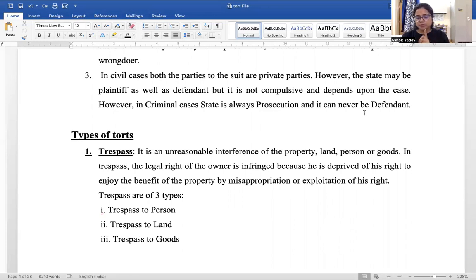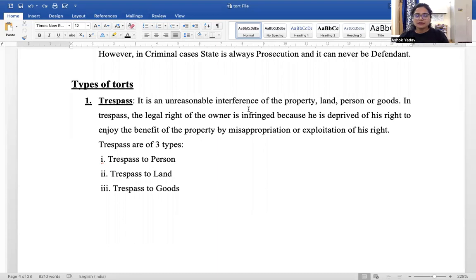Because in criminal cases, when a big offense happens, dacoity, theft, murder, everyone's interest is involved. So whose duty is it to protect all the citizens of this country? It is the state's, no? So you can't go alone. Generally, the cases are taken by the states. So states are involved in criminal cases.